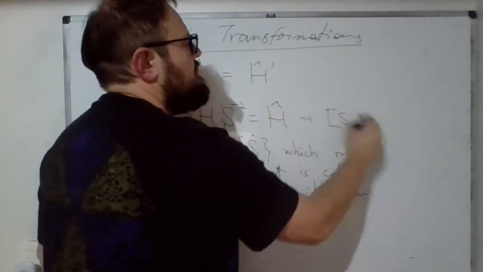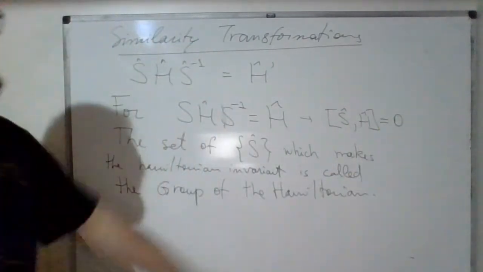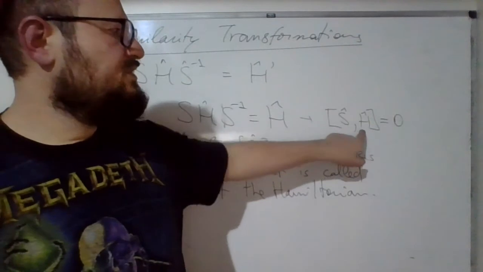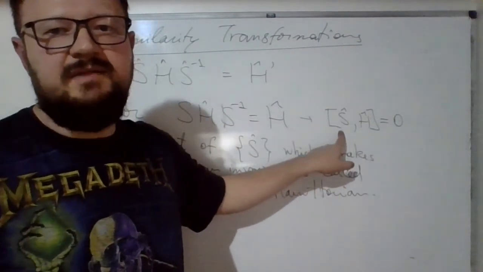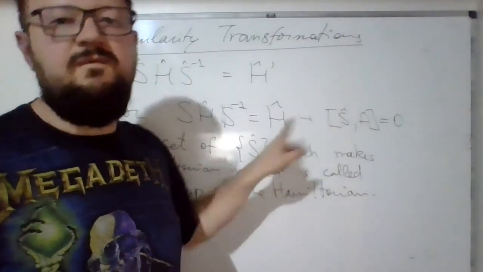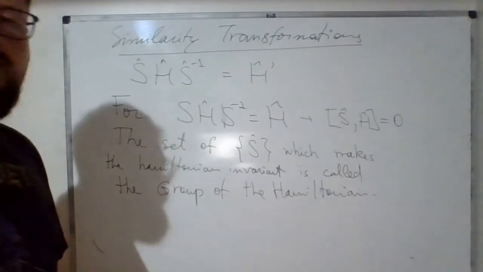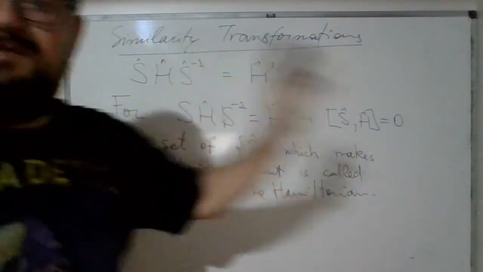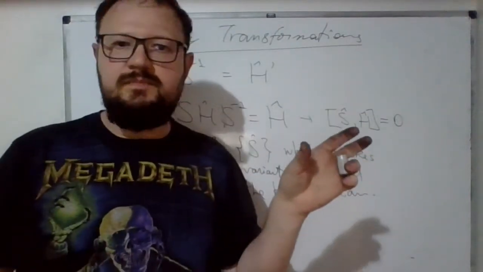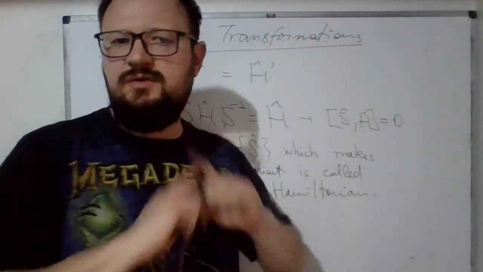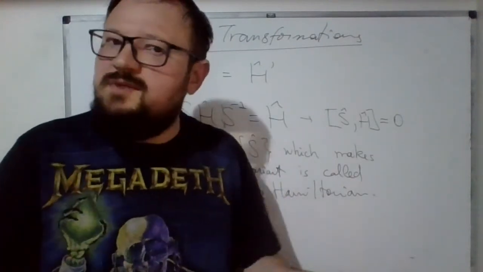So the matrix transformations which commute with the Hamiltonian, this set of elements of matrices, form the group of the Hamiltonian. And they are the symmetries of that Hamiltonian. Because if you transform the basis and your problem looks the same as previously, you are talking about the symmetry of the problem.